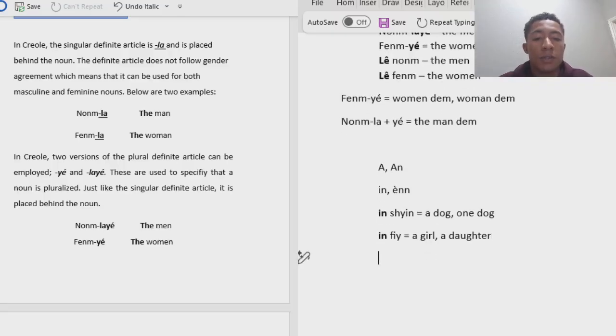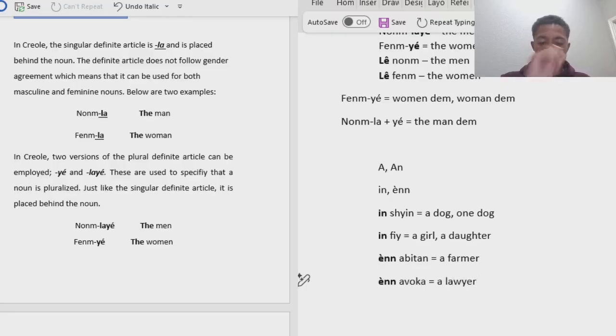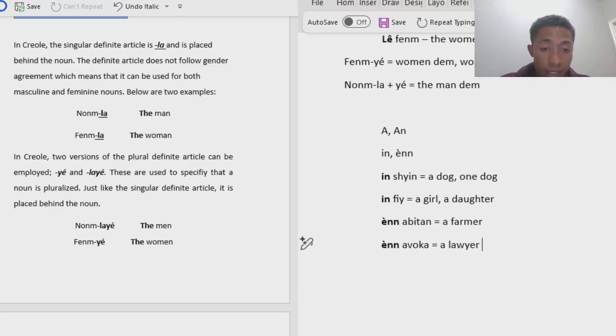But if you're using un with the accent grave, this is used before any vowels. So for instance, you have un habitant, which equals a farmer. Or you have un avocat, which equals a lawyer. So that's one way you can think about that.